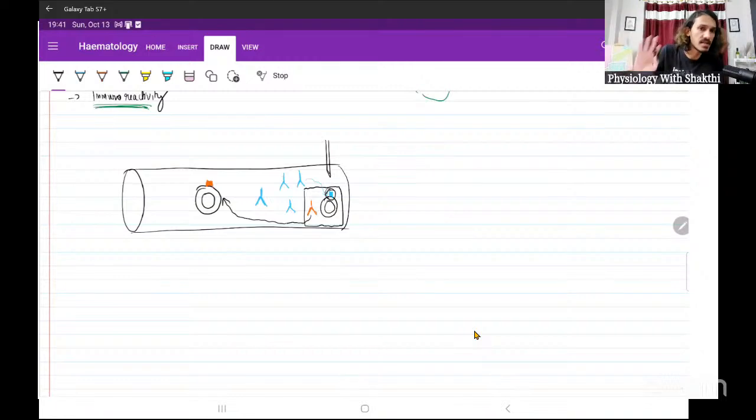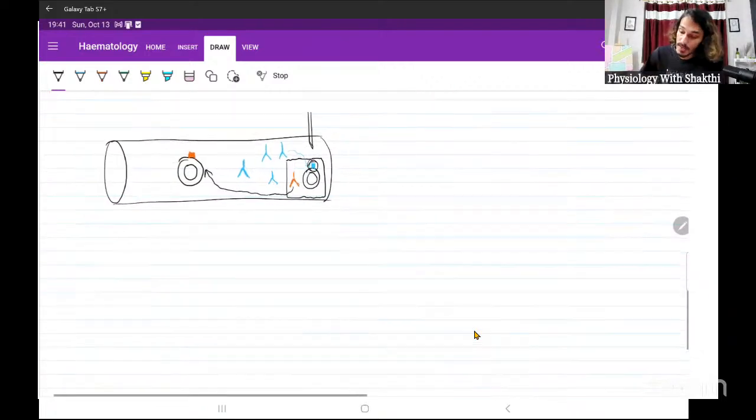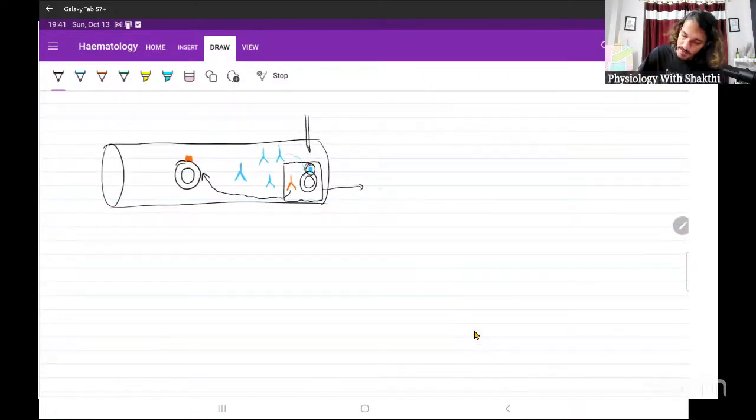Few of them will get destroyed, of course. Some reaction might happen, but eventually it'll die away because the blood is over. All the antibodies are used up. So that is a minor problem. What is a minor problem? This is the donor. And this blood is that of the recipient.